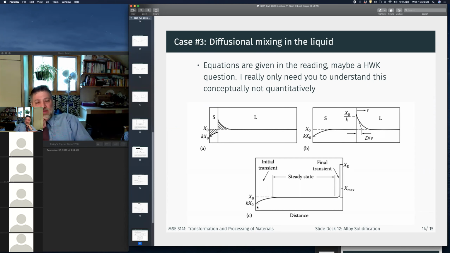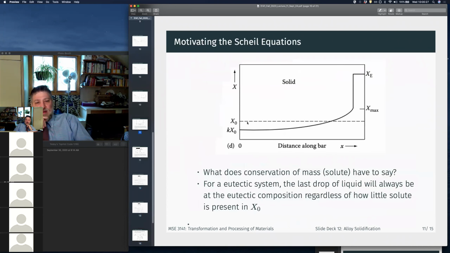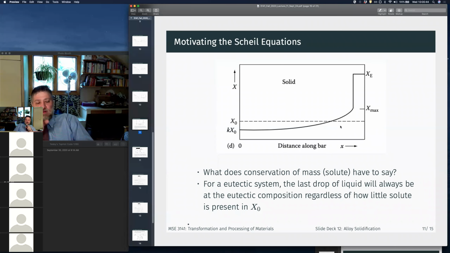And so that's why in the case of perfect mixing, our solute ended up going above our average composition earlier, right? Because our whole liquid is assumed to have the same composition, right?